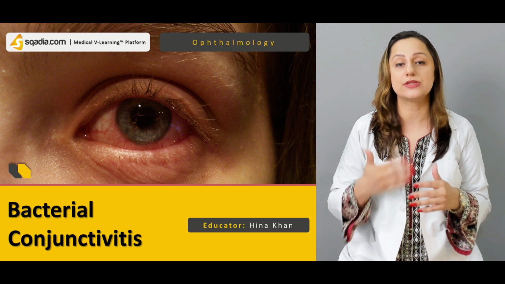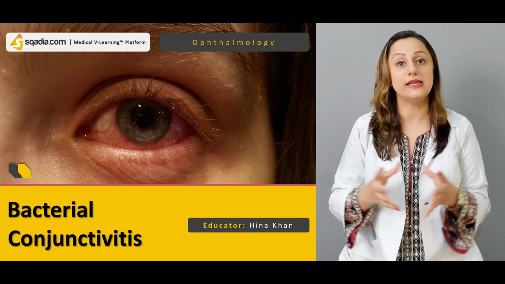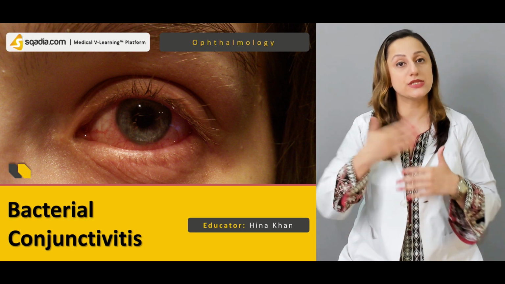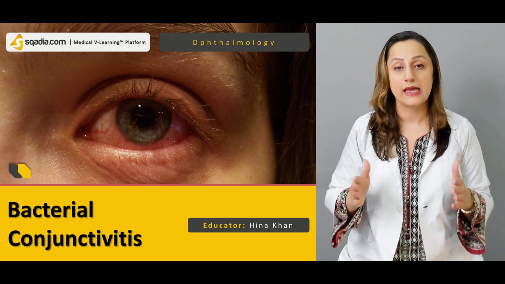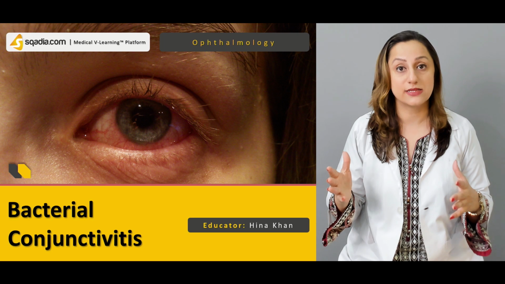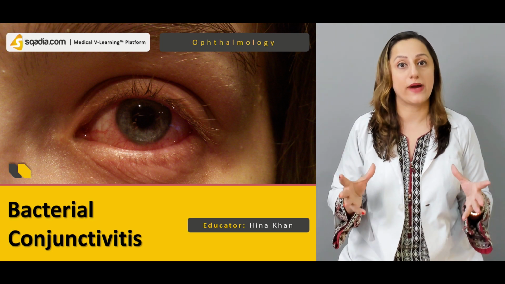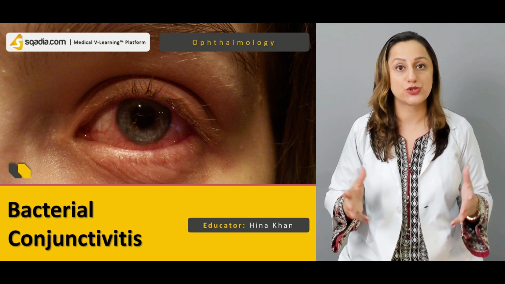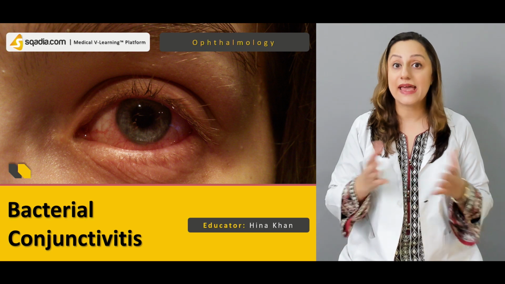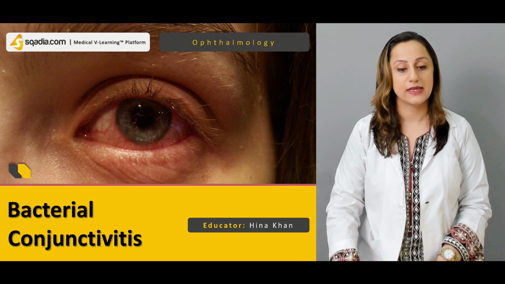So this potential space is continuously bathed in the lacrimal fluid, which is in return secreted by the lacrimal gland that is located laterally. Now, this fluid is again providing the protective functions to the eyelid or to the eyeball, and it again has its own protective features in itself.